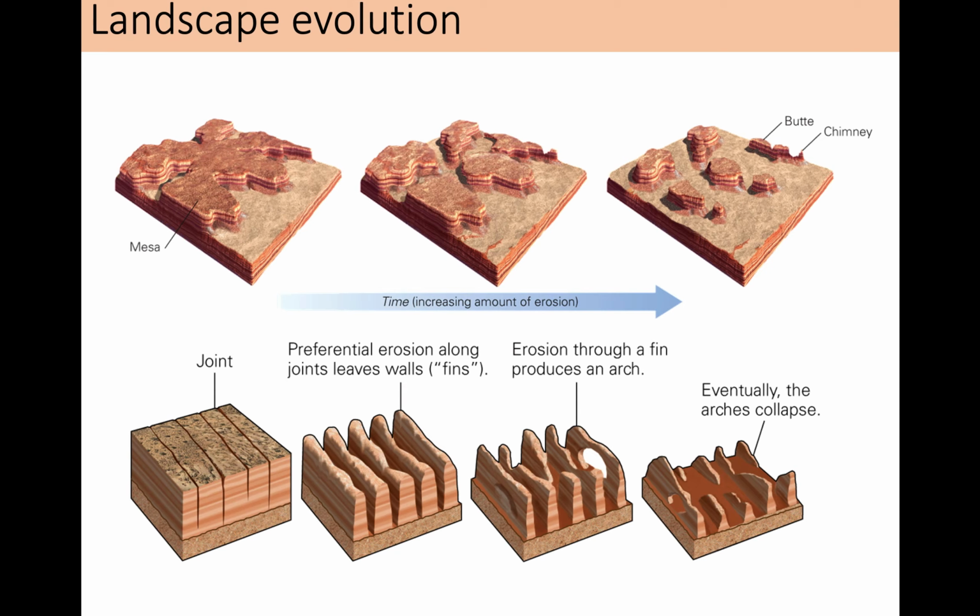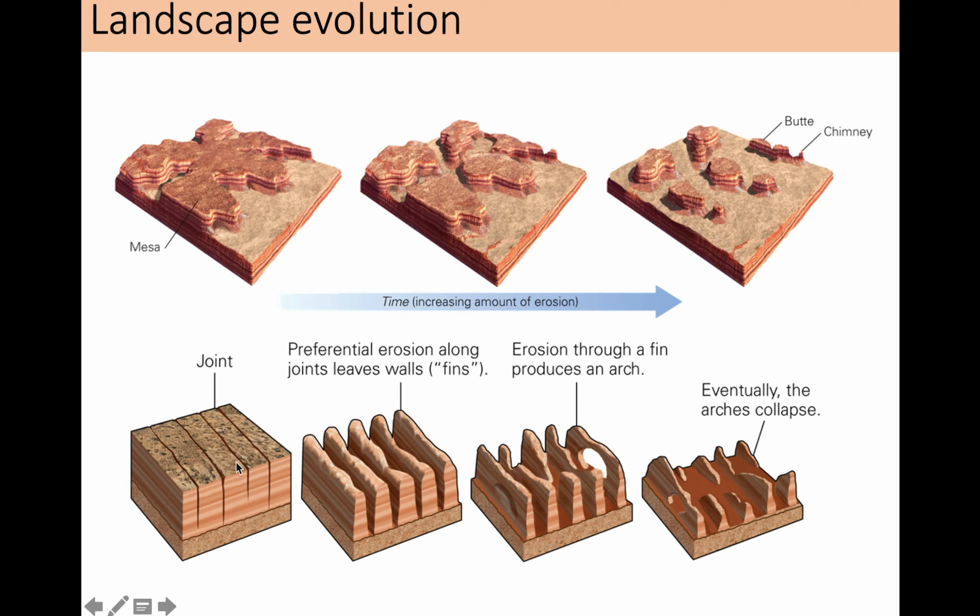The evolution of different landscapes really is just due to what the landscape is made of and how strong the erosion is. For example, an area that already is jointed, with all these parallel joints, as erosion continues, those joints are going to be eroded and eroded away until we get something that looks more like this, until all of that rock is eroded away.